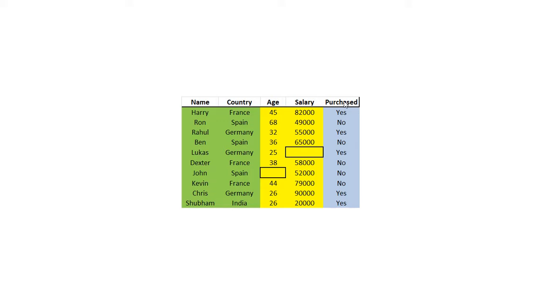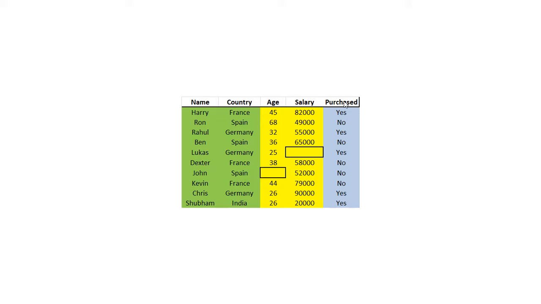So this column can be considered as the dependent variable column, or purchased is our dependent variable in this data set. Now the other columns, that is name, country, age, and salary, are independent variables.